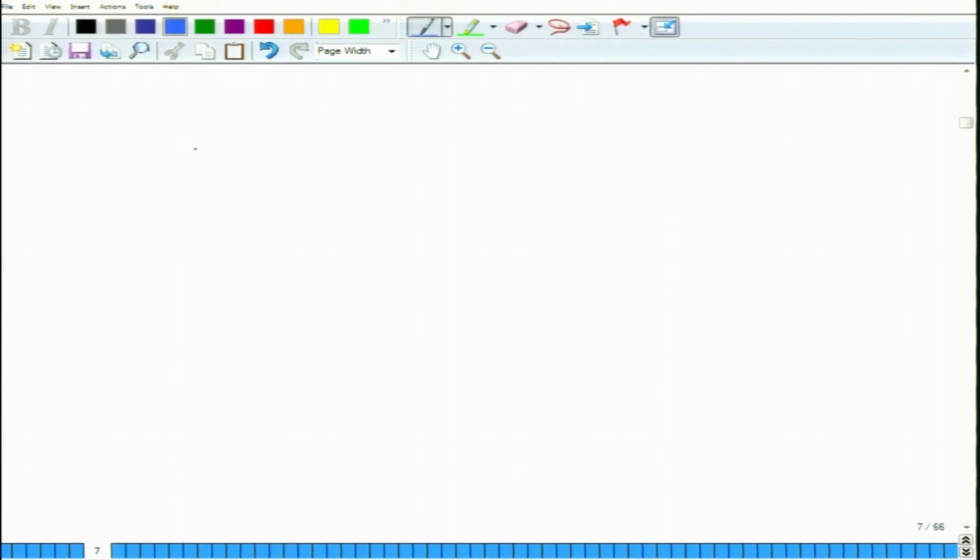For example, if you calculate the difference between aluminum and nickel at 0 Kelvin, of course both of them will have 0. At 300 Kelvin, aluminum will show 1.45 into 10 to the power minus 12 fraction of vacancies.